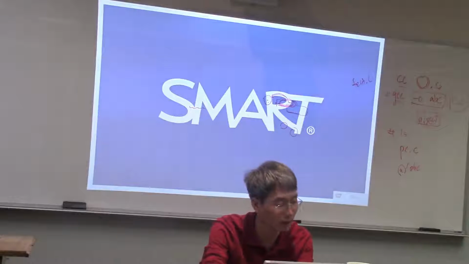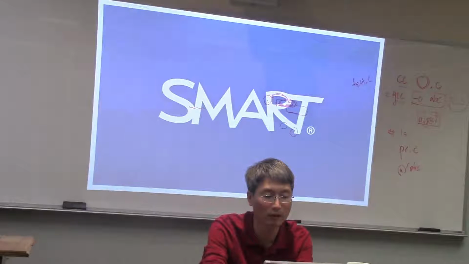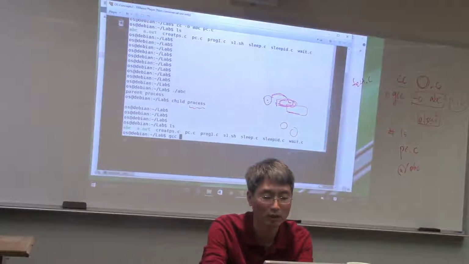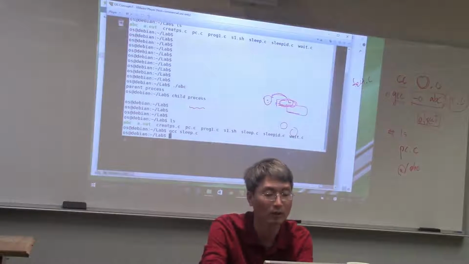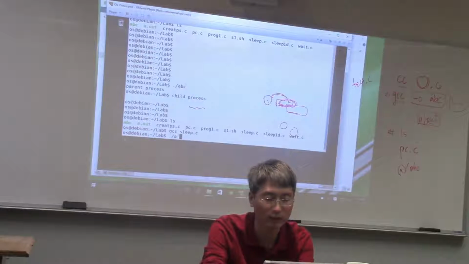So I already added the file. It's a sleep.c file. So I can compile using gcc sleep.c. Then the output is a.out always, without the -o option. So I can run a.out.